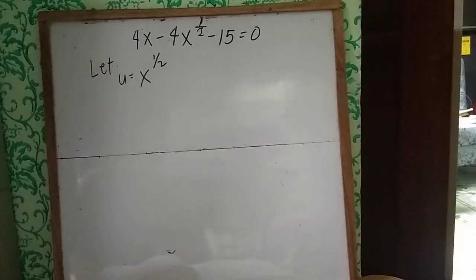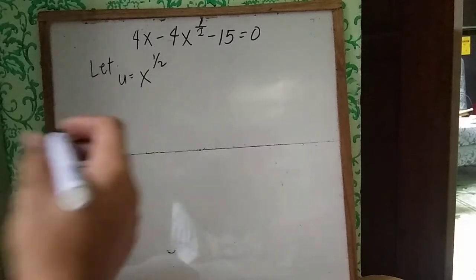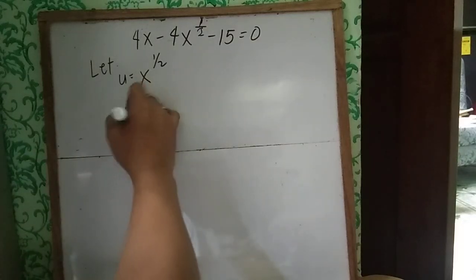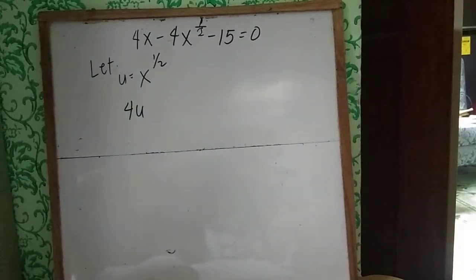Okay, next, we will replace or substitute the value of u for x raised to the power of 1/2. Therefore 4u. Remember, when replacing, the exponent is what we change. Like in the first example, we substitute u for x to the power of 1/2.